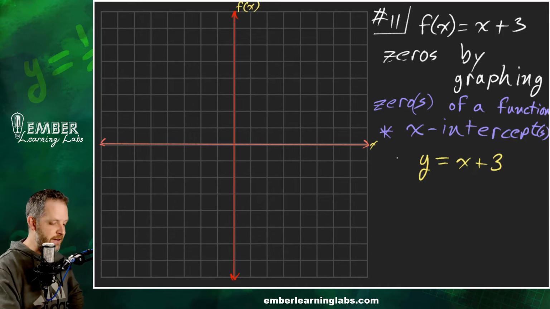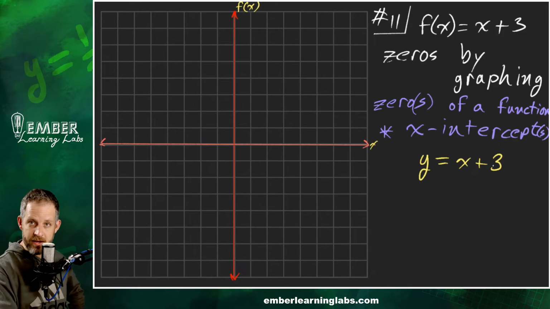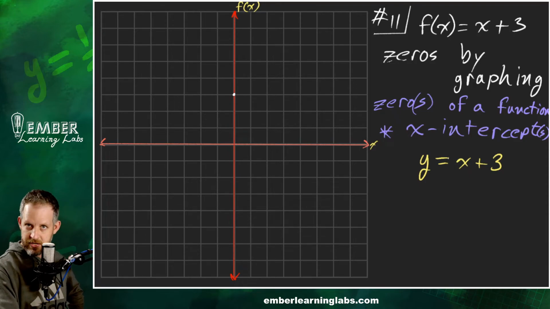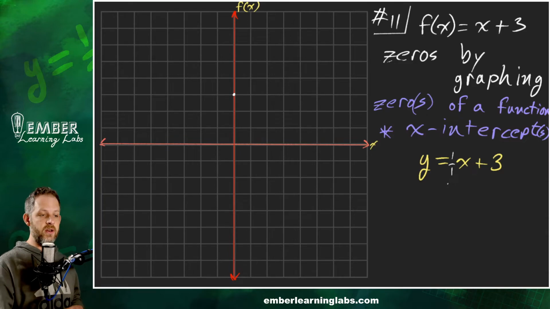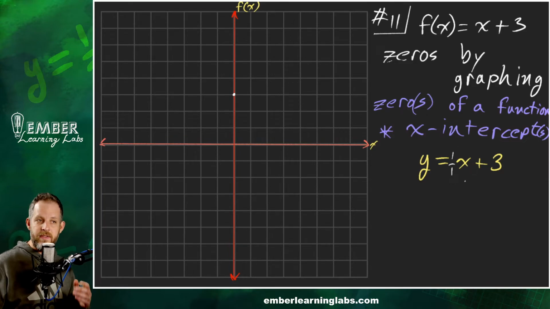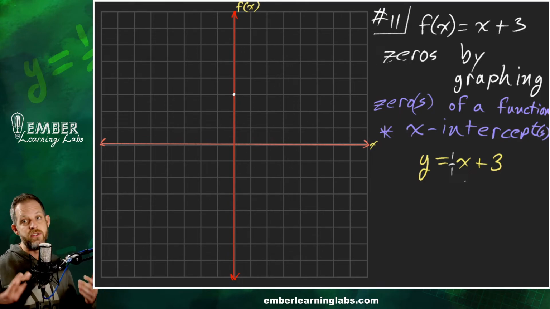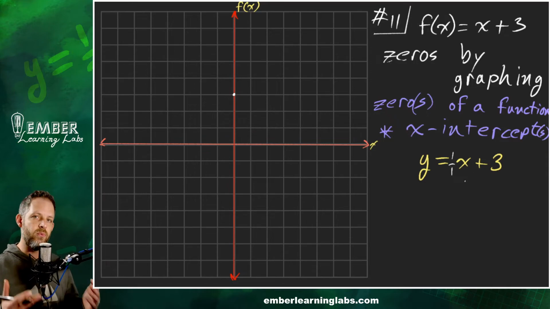And so how do we graph this guy? Well, we start with the y-intercept. So we go up 1, 2, 3, and we put a dot. And then we count our slope. Our slope in this case is 1, right? If there's nothing there, there's an implied 1, and that would be 1 over 1. You can manually write it in if that helps you remember what's going on, or you can just know that it's going to be 1, which is also 1 over 1, whatever way works for you.